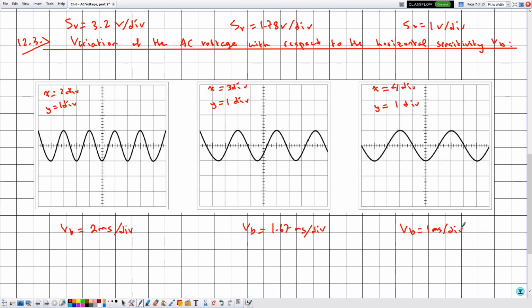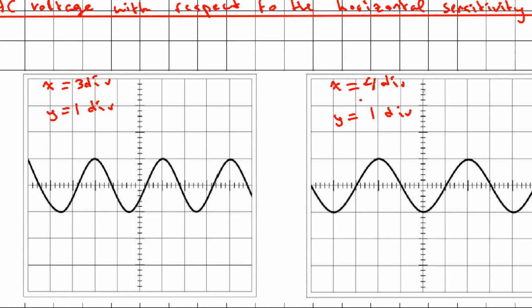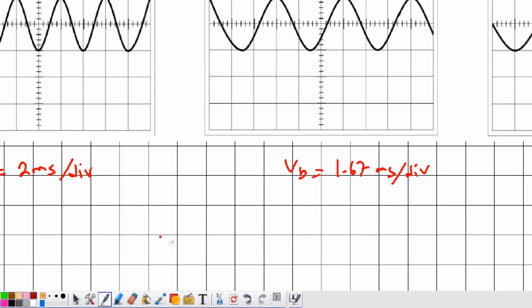Here what we notice is that as VB decreases from 2 milliseconds to 1.67 to 1, the value of x changes from 2 to 3 to 4, which means that as VB decreases, the value of x increases. This is clear because if we refer back to the formula, we know that T is equal to VB multiplied by x.